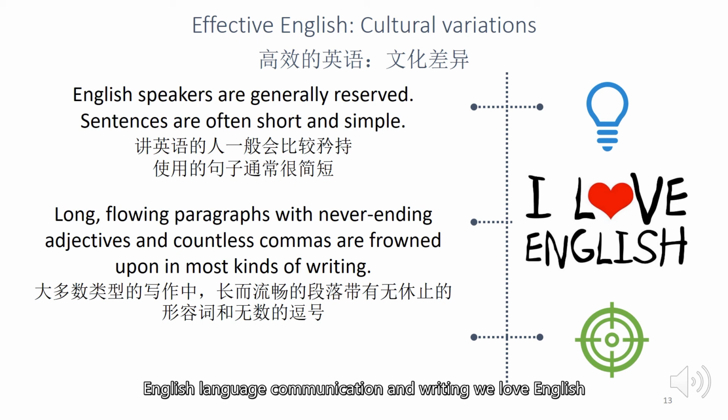We love English. We also know that to be effective in English, keep it simple. Short sentences with limited punctuation and simple words that are accessible to your readers. This is how you can be effective publishing and writing your work as an international researcher.